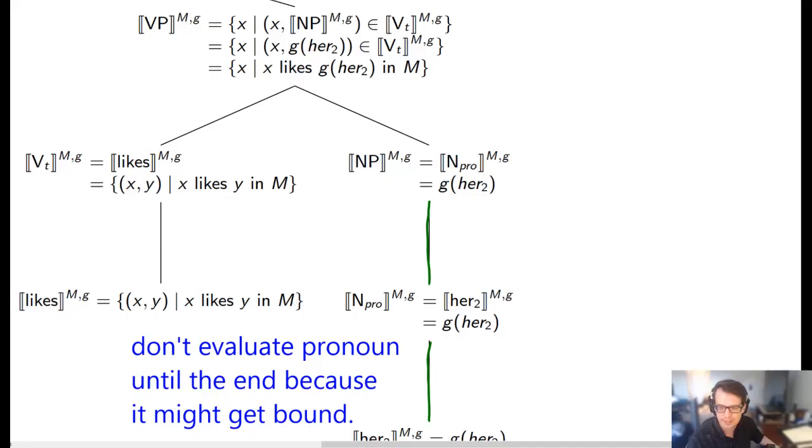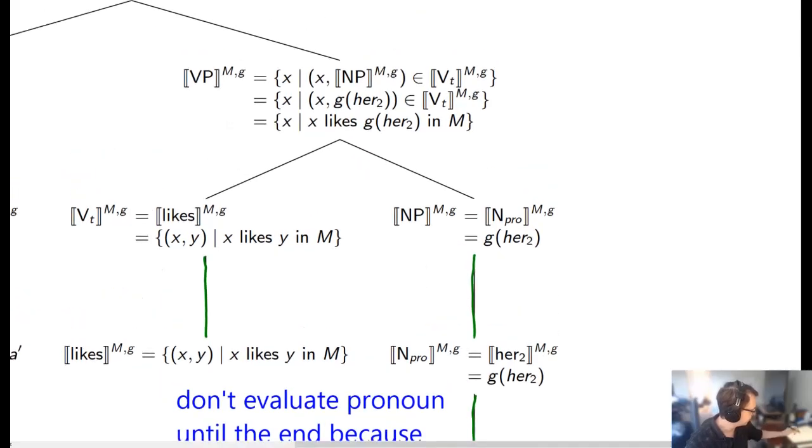We have the verb likes on the left here. So this is the pair of x, y, such that x likes y. We've seen that so many times in this course. When we take a look at the VP, we're just doing the same thing that we've already done a lot of times before. We're taking this object, specifically G of her two, and plugging it into the object position, and we're going to stop looking for y's.